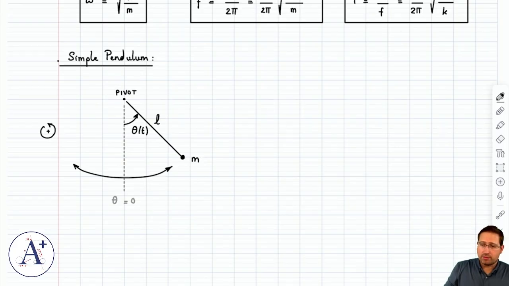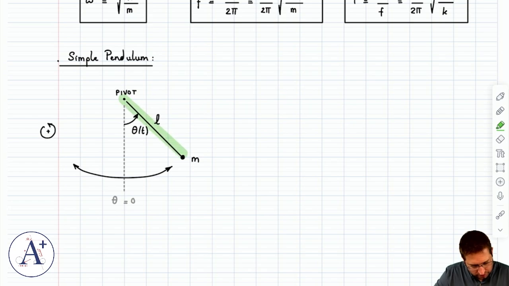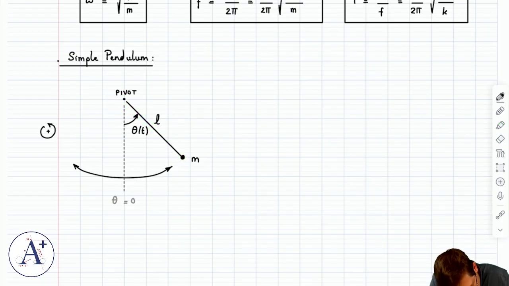And in the same way that we applied Newton's second law to our mass and spring before, let's apply torque net equals I alpha to this thing, because after all, this is rotational motion by definition, right? It swings back and forth like this. Okay, so let's draw the free body diagram.